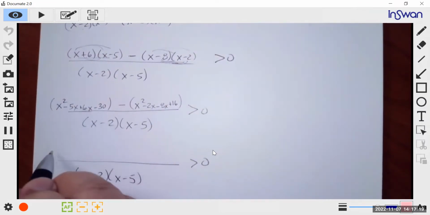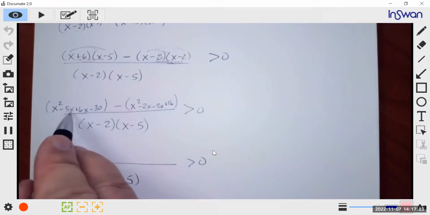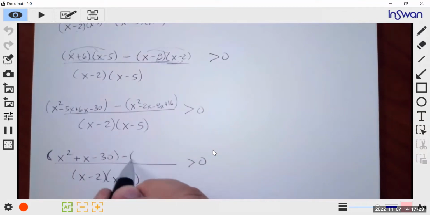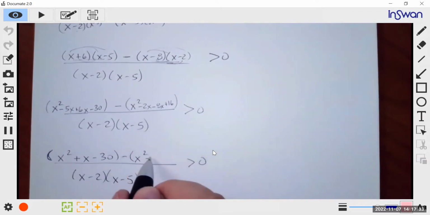Combine like terms inside there. We have x squared, -5x plus 6x is a positive x. Minus 30. -2x minus 8x is -10x. Plus 16.